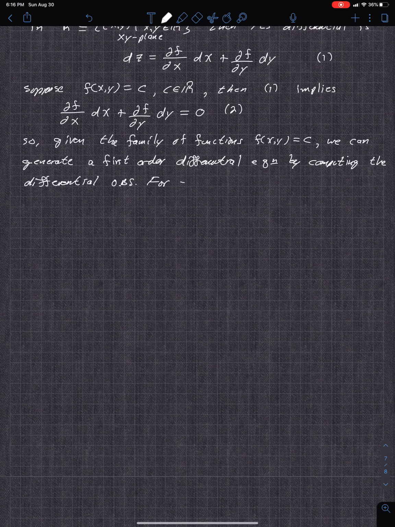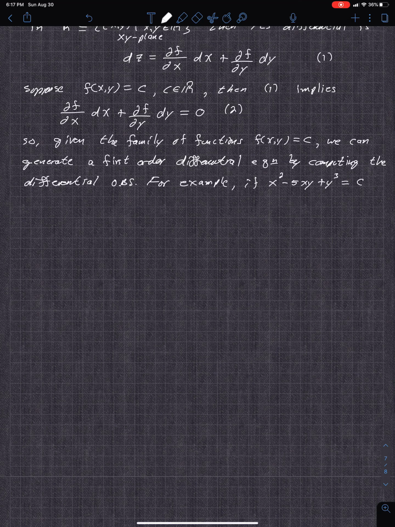So, for example, if we have x squared minus 5xy plus y cubed equal to c, so it's not equal to another variable, right? It's not equal to z, it's equal to a constant.